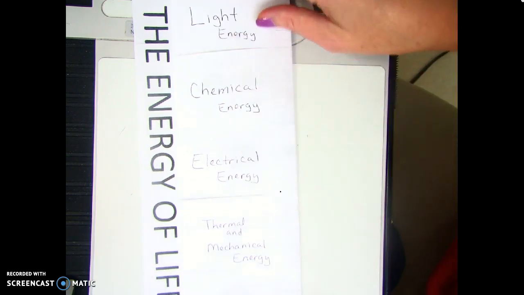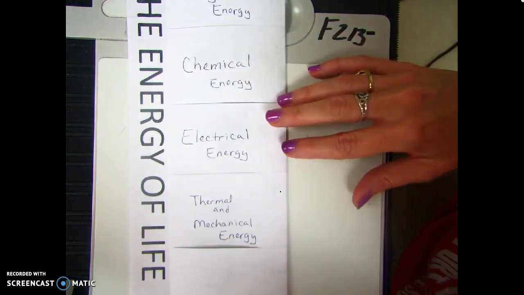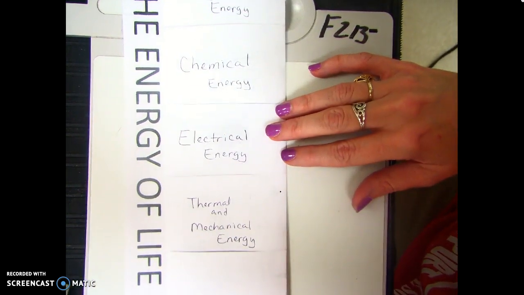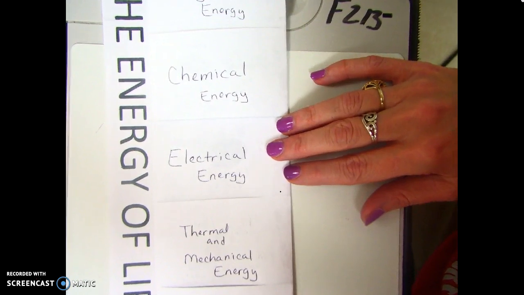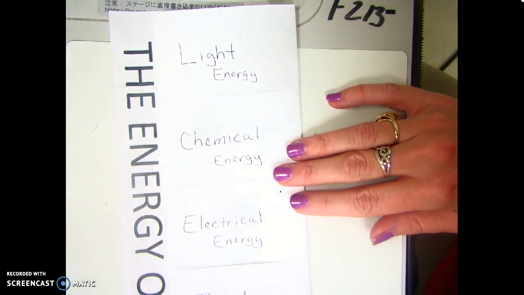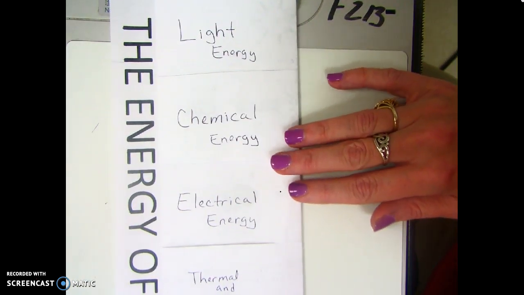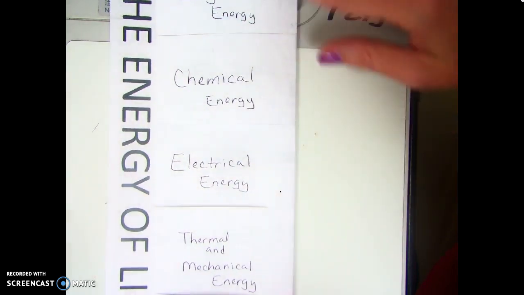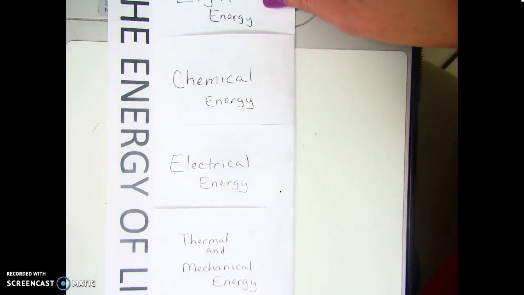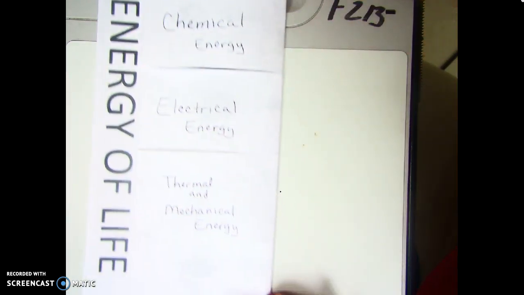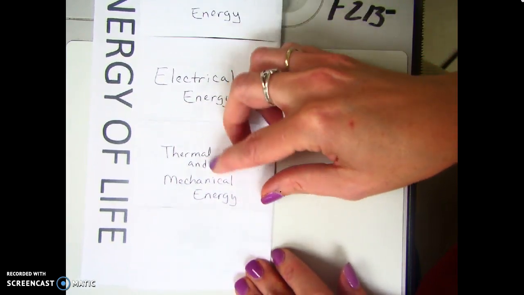And the final one, let me zoom in because you can't really see those pictures. That's a little better. Again, we had light energy, chemical energy, electrical energy, thermal and mechanical energy, and the final one, remember that person singing?